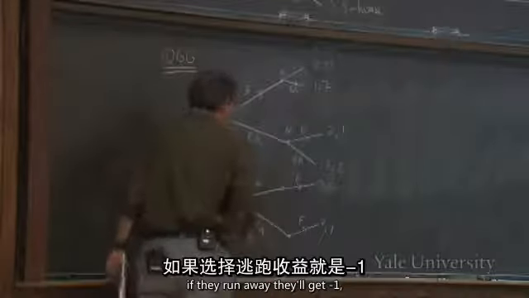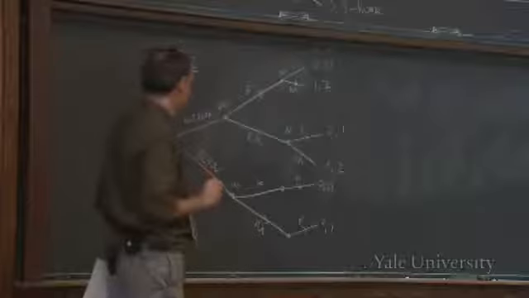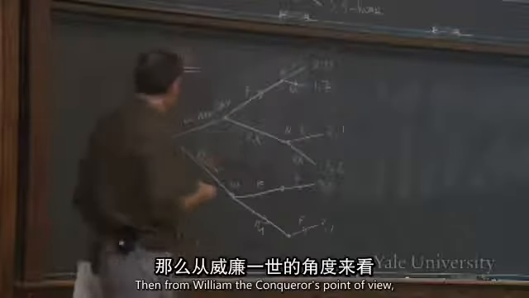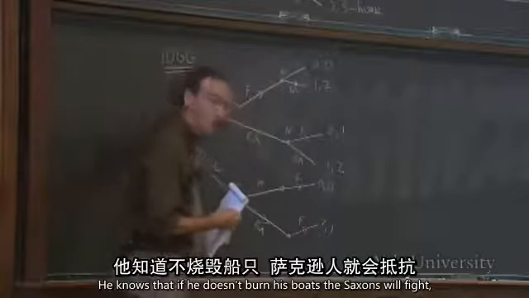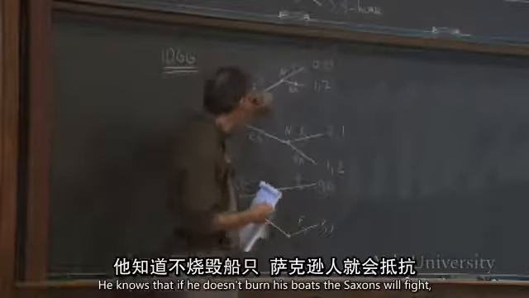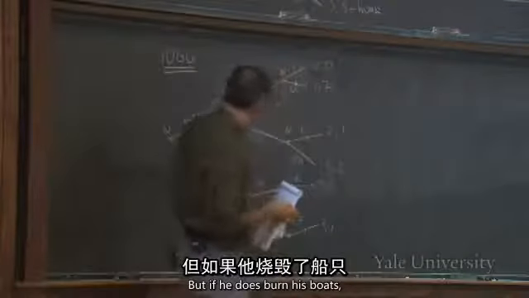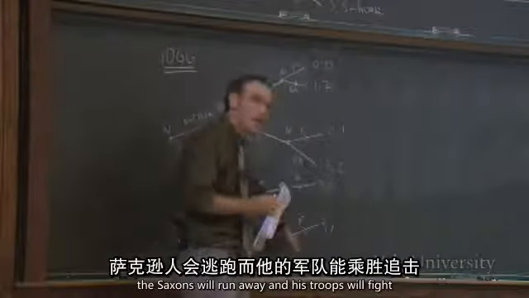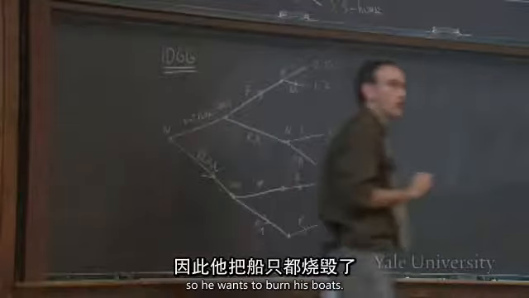If they run away, they'll get -1. So now they'll run away. And then from William the Conqueror's point of view, what's he choosing between? He knows that if he doesn't burn his boats, the Saxons will fight and his troops will run away. But if he does burn his boats, the Saxons will run away and his troops will fight. So he wants to burn his boats.